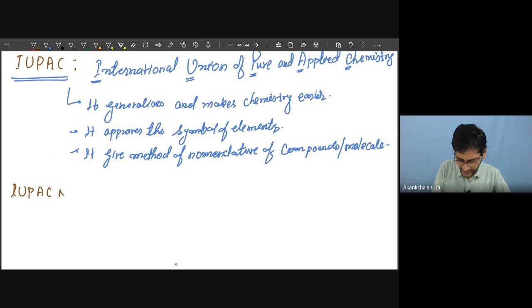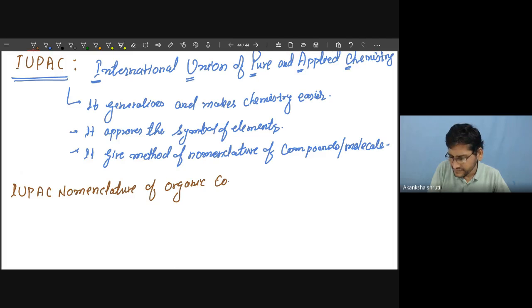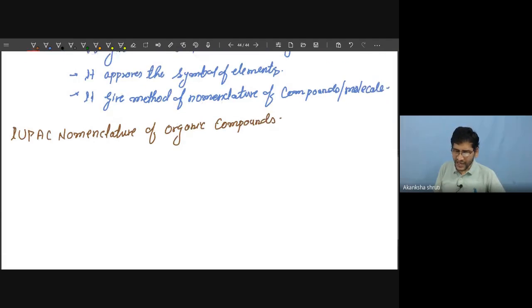IUPAC nomenclature of organic compounds means certain general rules are given.